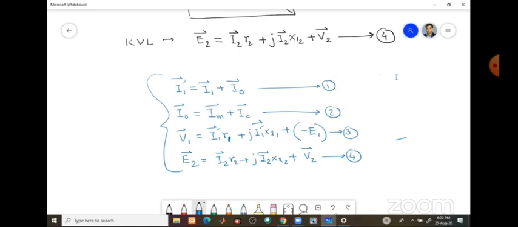If there is some flux, that flux gives some induced voltage in the primary, that is 4.44 F phi m into N1, that is equal to E1, and E2 equals 4.44 F phi m into N2. This is the magnetizing flux. In this way we are getting E1, E2, etc.